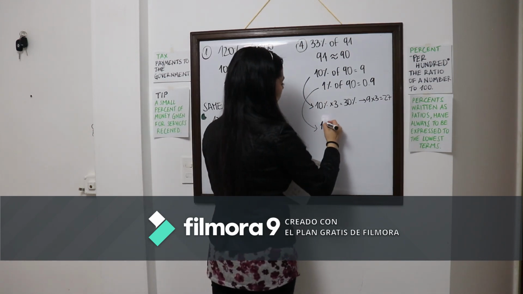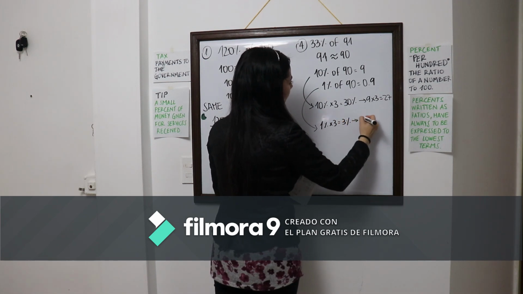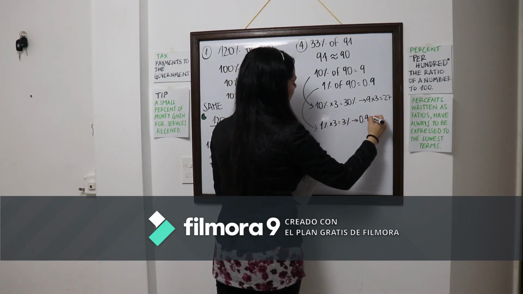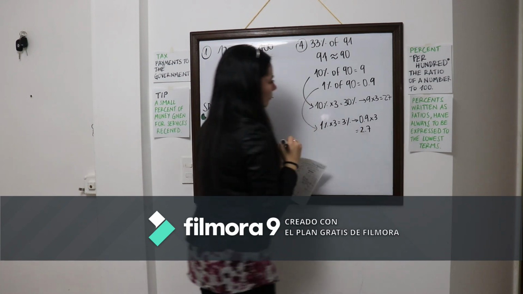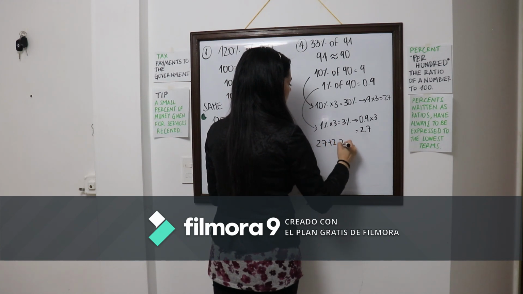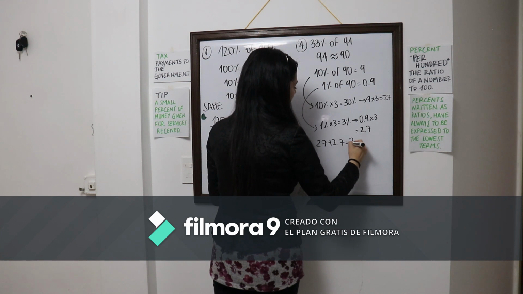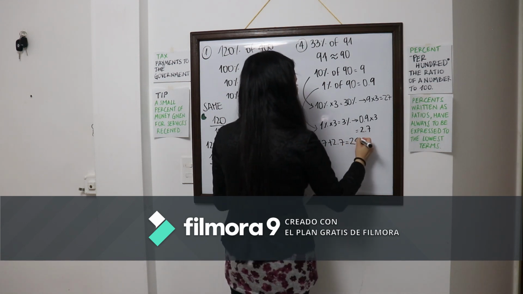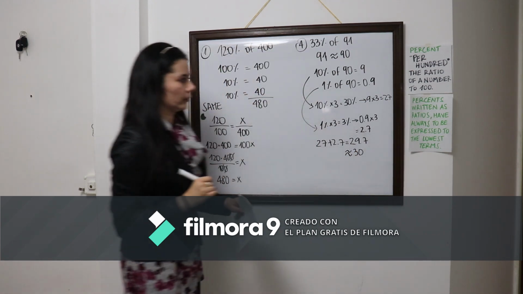I need 1% times 3, so 0.9 times 3, which gets me 2.7, right? Now if I take the 27 plus the 2.7, that is 29.7. So I can just say that's 30, right?